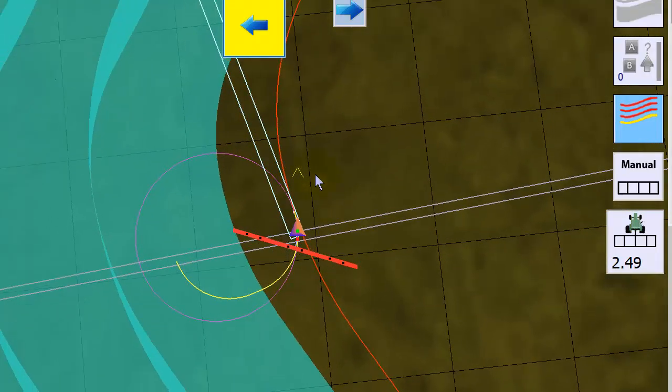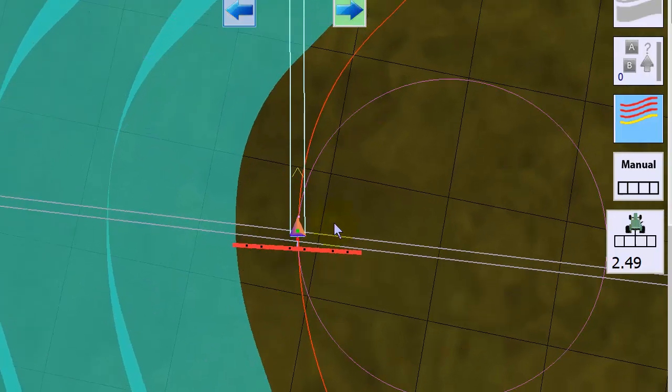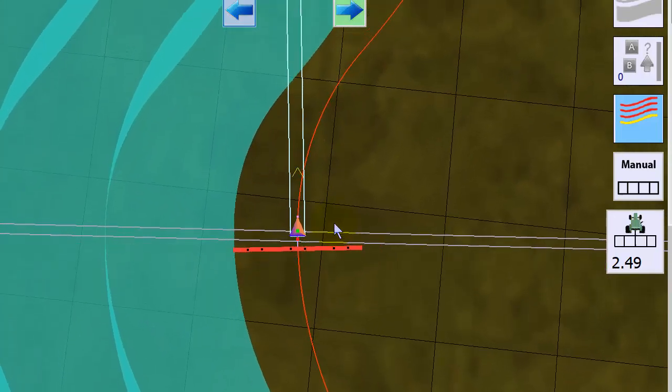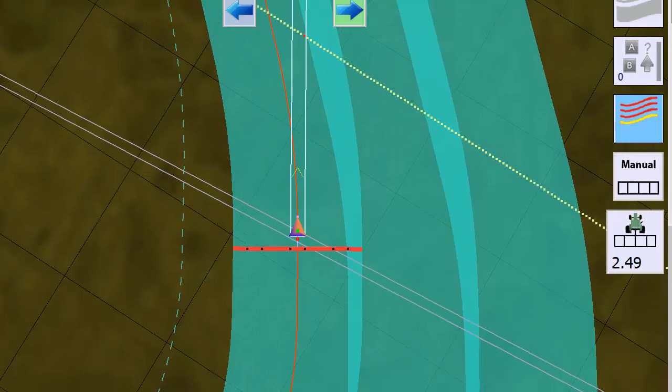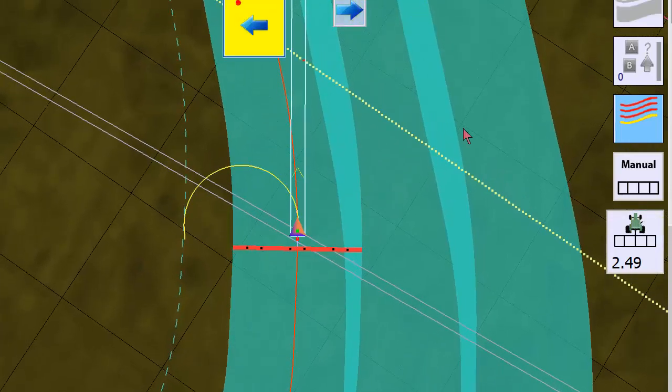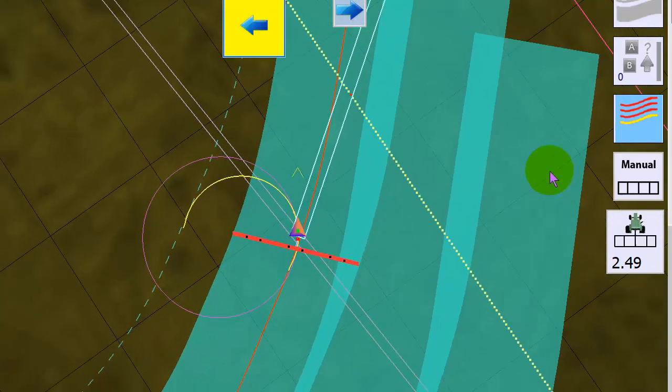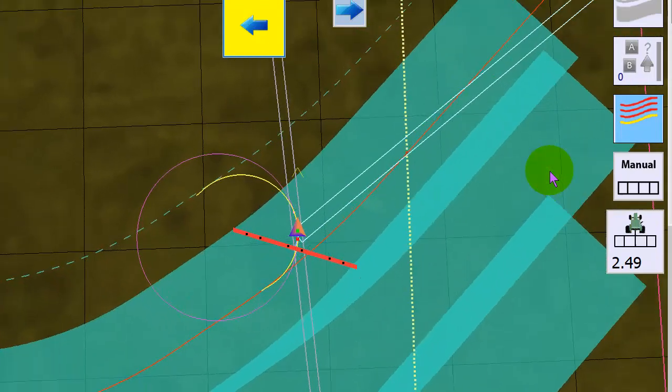There you can see it's perpendicular, lines up good. So then if we do it here, it's pretty close.